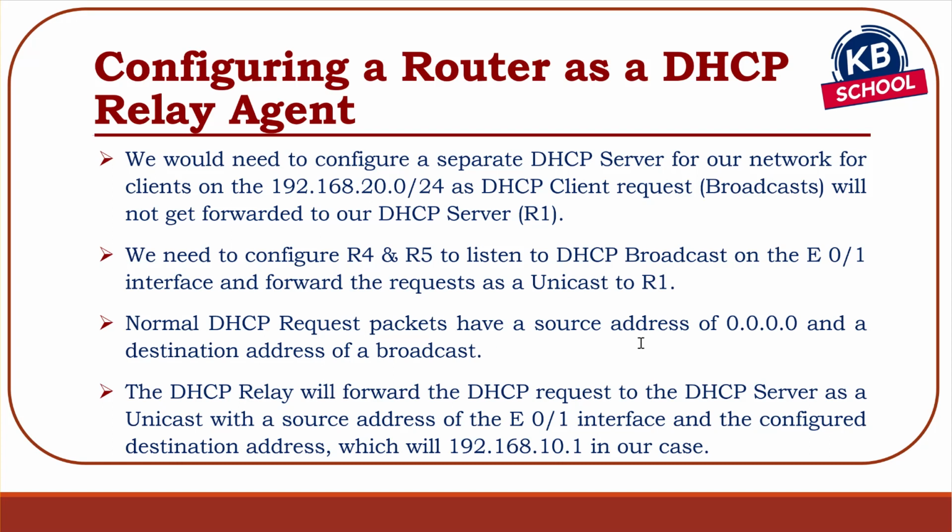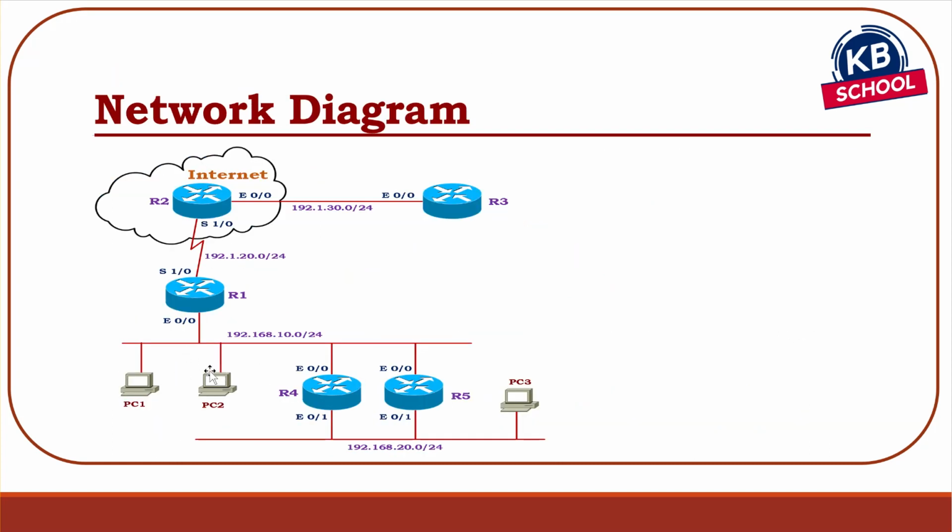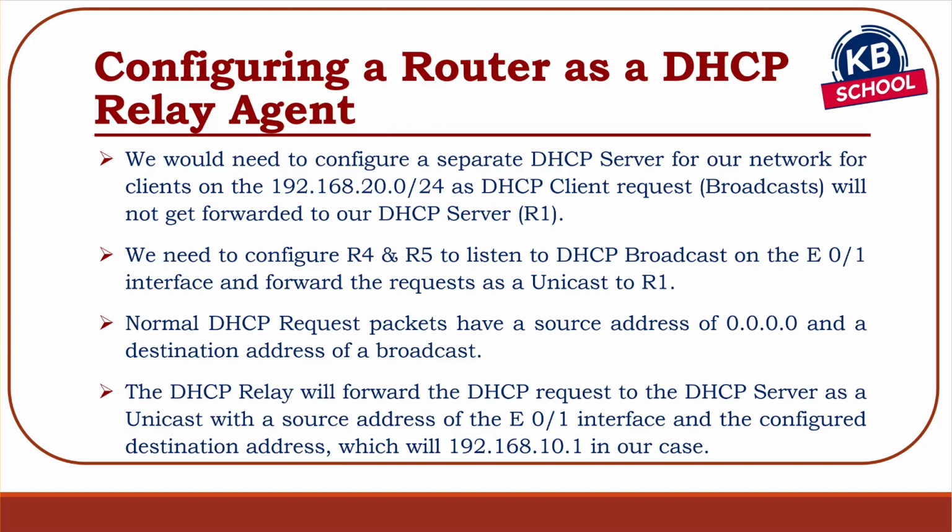Normal DHCP requests have a source address of 0.0.0.0, which would have been these guys. But when this router receives it, it'll send it as a unicast to R1. So R1 can pick the proper pool. The address will be 20.x, whatever their address is, it'll be sent to R1. So it's going to use the unicast of E01 as a source so that router 1 knows which pool to use to assign IP addresses.